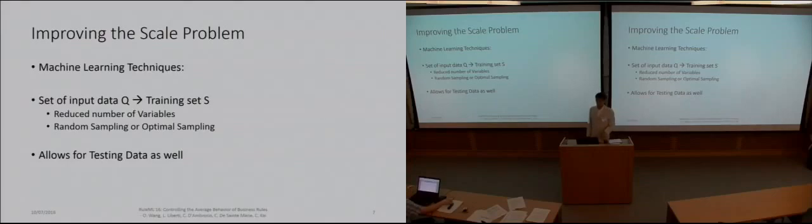To do this, we can use random sampling, or we can reduce the size of the training set even further if we know the theoretical distribution of the input data points. The good thing about this method is that because we get a lot of leftover input data, we can use this data to do a testing set and to check on our value of the parameter and see if it actually gets us closer to the objective.